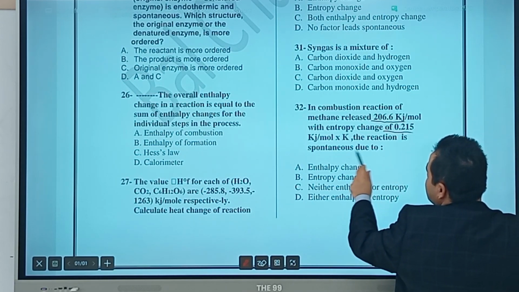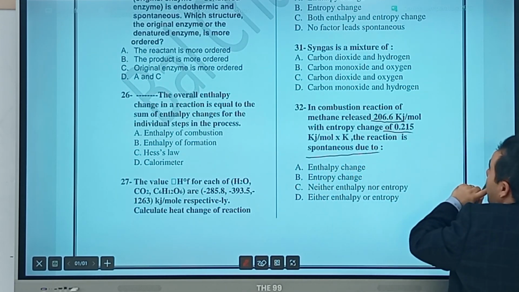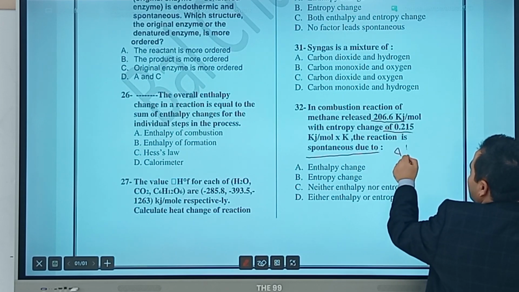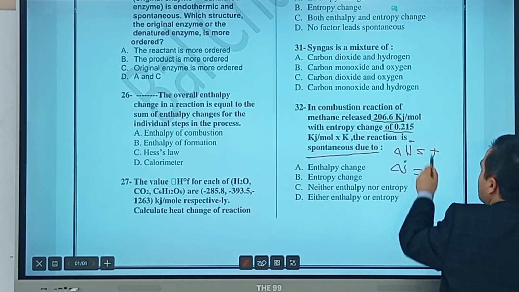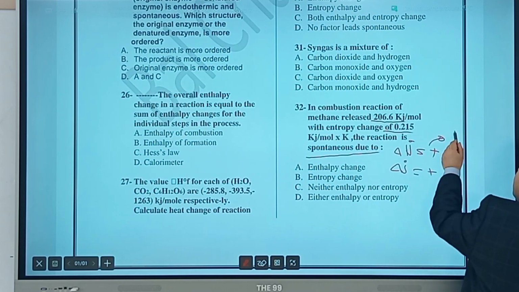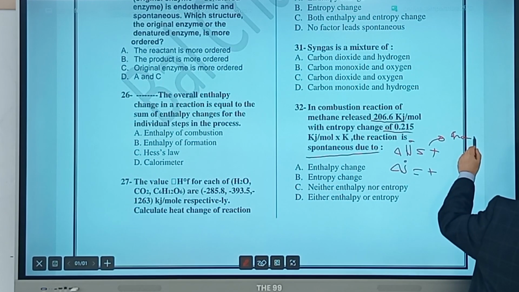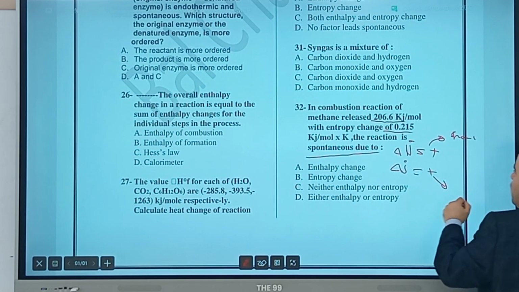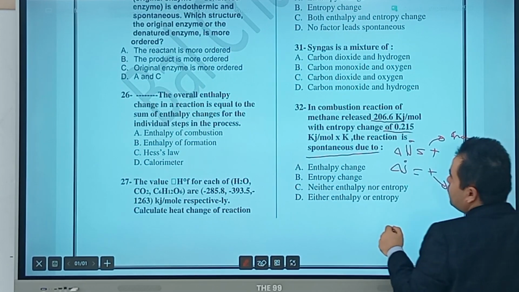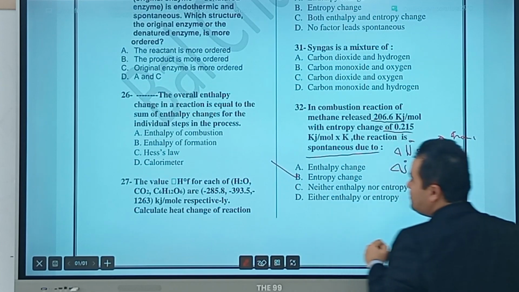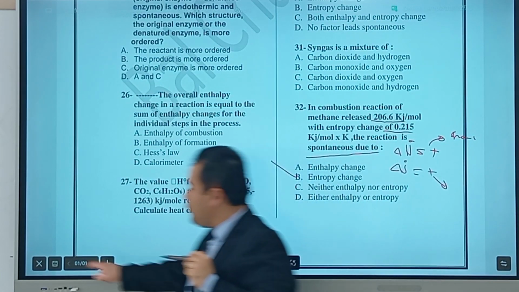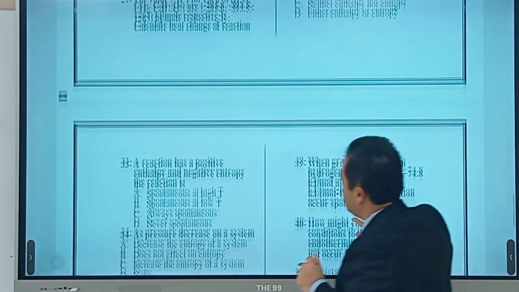The reaction is spontaneous due to what? Delta H is positive, delta S is positive. Both are positive. According to enthalpy it is non-spontaneous. According to entropy it is spontaneous. So a reaction is spontaneous due to the entropy change. If it's non-spontaneous, it is due to the enthalpy change.